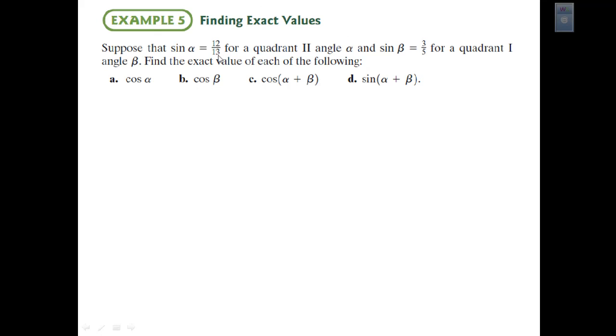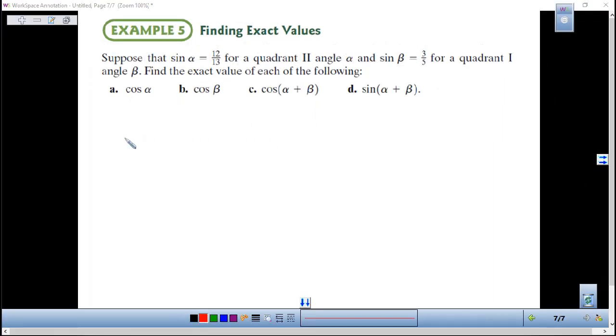All right, now suppose that sine of alpha is 12 over 13 for a quadrant 2 angle alpha, and sine beta is 3/5 for a quadrant 1 angle beta. Find the exact value of each of the following. So if we're looking at alpha, let's go ahead and figure out what we've got here.